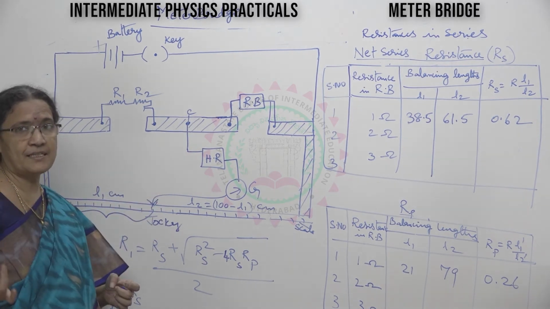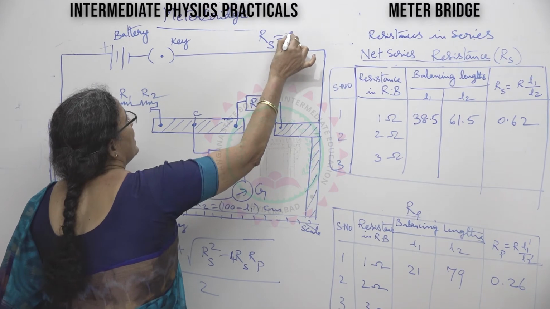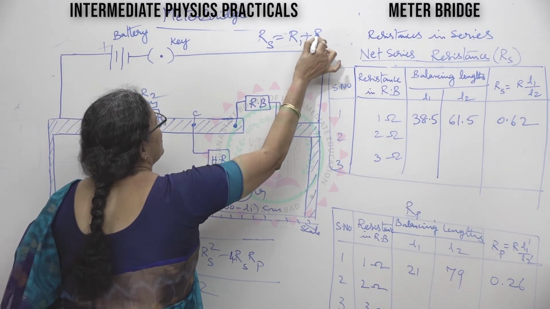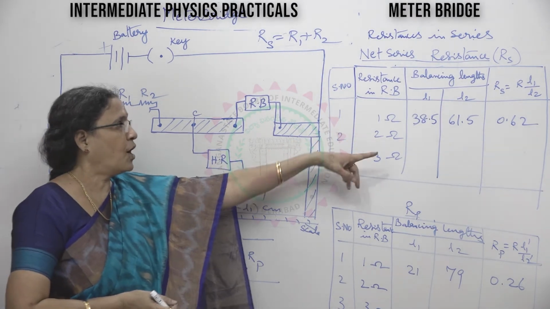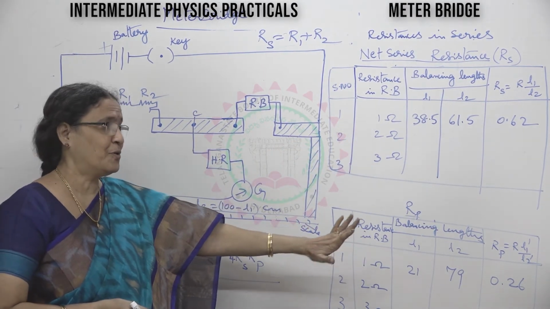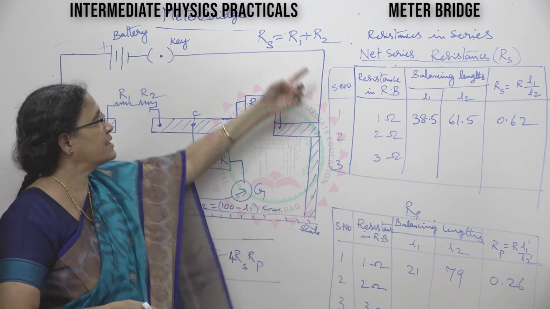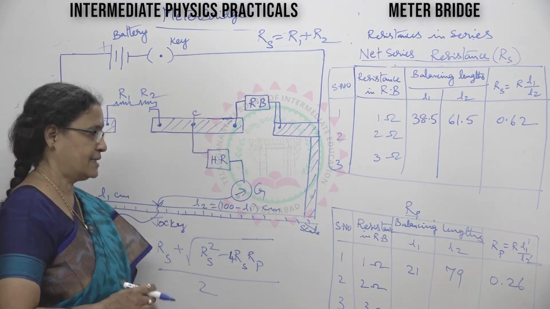When number of resistors are connected in series, the effective resistance is just the sum of individual resistances. So in the last column, what you are getting is not R1, not R2, but the sum of those two, which is called RS. So keep that aside.